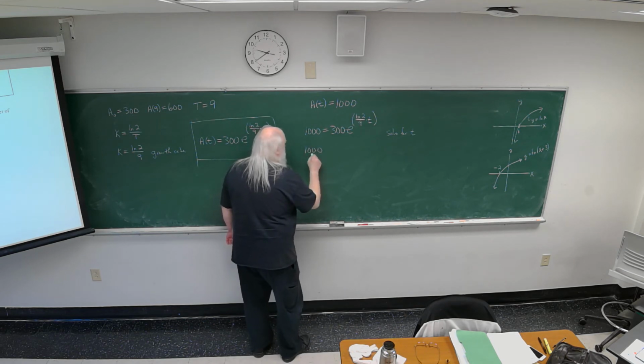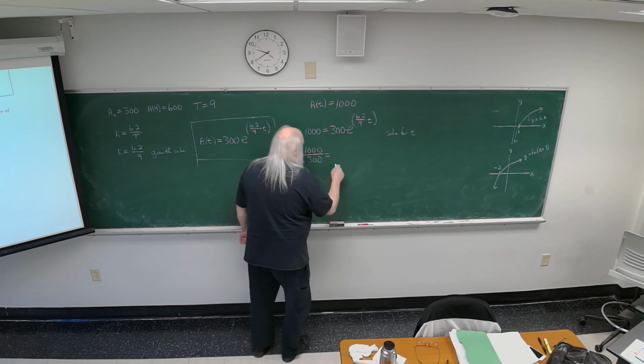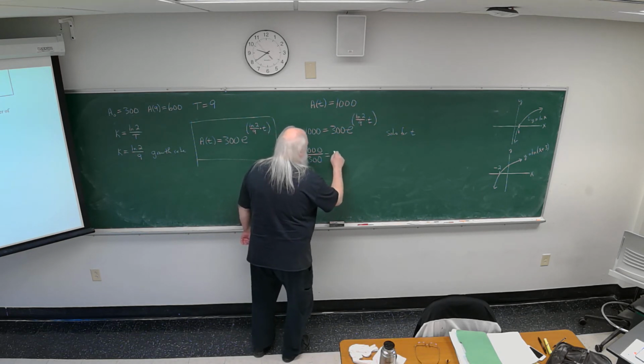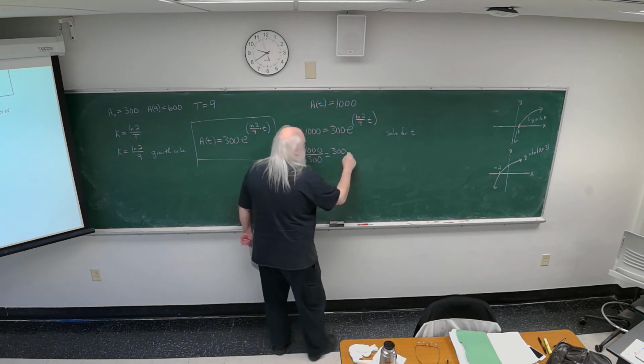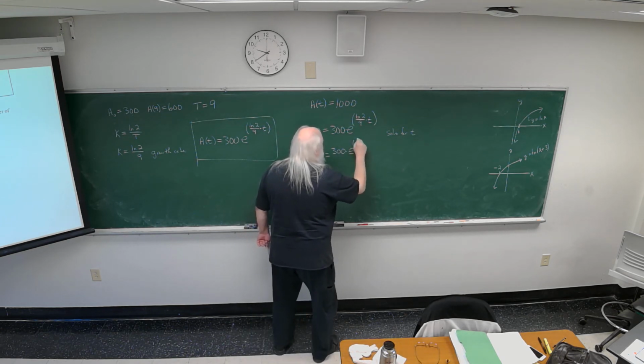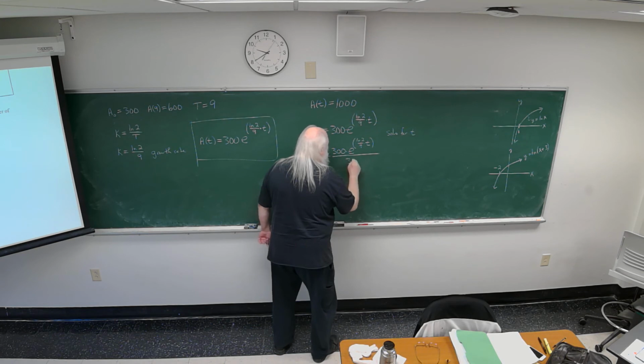We have 1,000 over 300 is equal to 300 times e raised to the natural log of 2/9 times t power, all of that divided by 300.